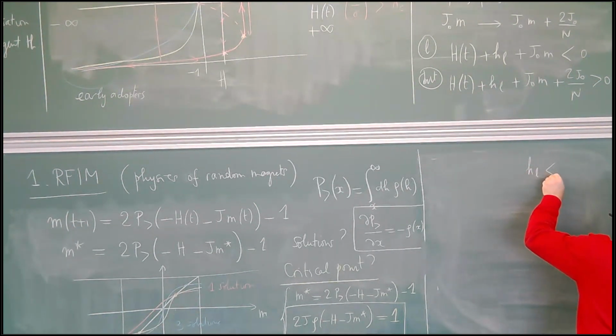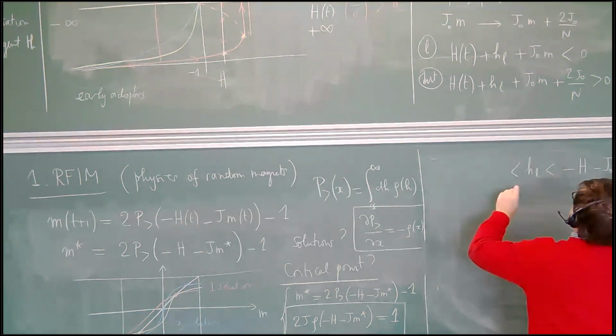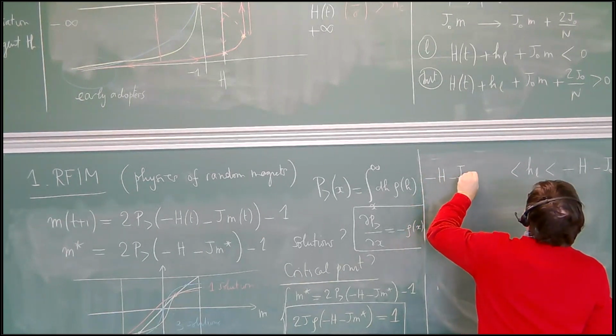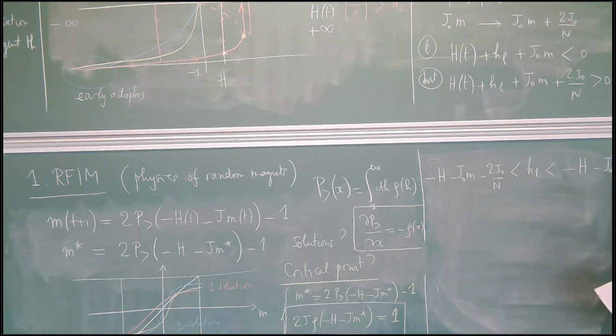HL must be between minus H minus J0 M and minus H minus J0 M minus 2J0 over N. So what is the probability that this happens?